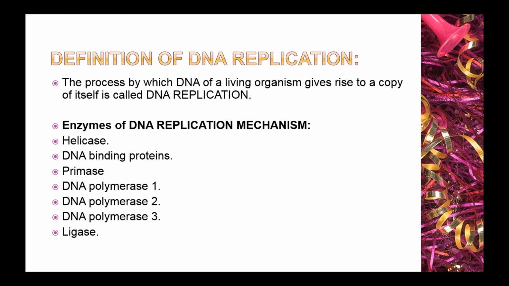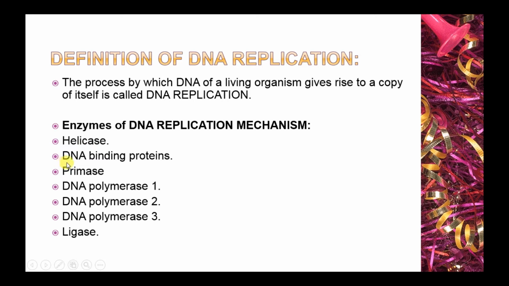Okay, now let's move toward the mechanism. Firstly, we should know about the enzymes that are involved in DNA replication. The first one is helicase. The second, we will study the roles of all these enzymes step by step. Okay, now let's just know the names of these enzymes.